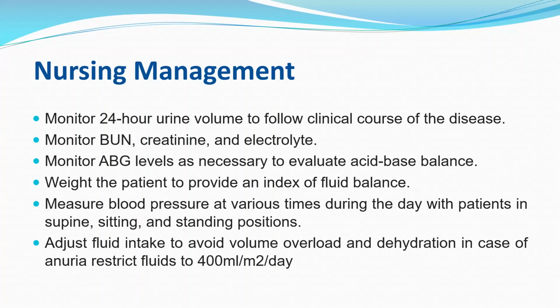And also weight of the patient is very important to provide an index of fluid balance. Also blood pressure to detect any hypertension and hypotension, and also adjust fluid intake to avoid fluid overload. And in the case of dehydration or in the case of anuria, restrict fluid to 400 ml per meter square per day.